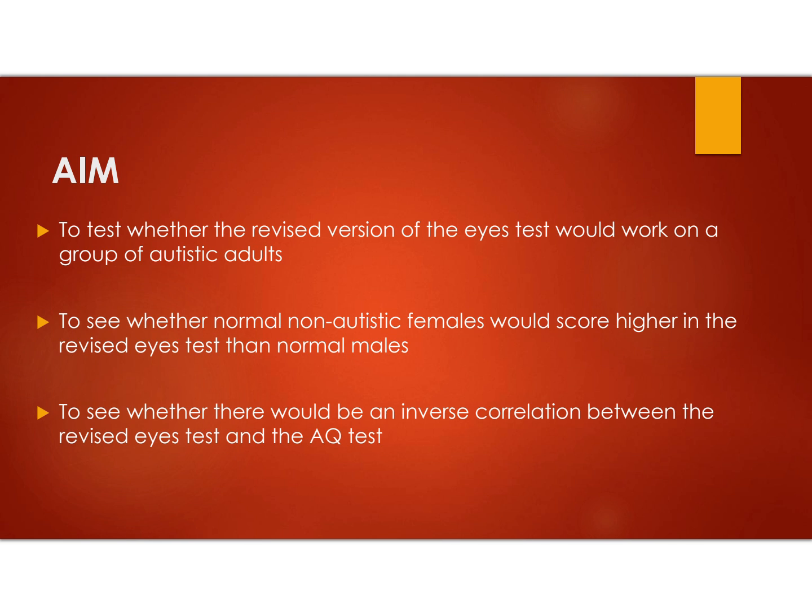Along with having autistic participants, we will also have some control participants who are basically people without autism. We will refer to them as normal or non-autistic participants. One of the other aims is to test if non-autistic females will score higher on the eyes test than non-autistic males.